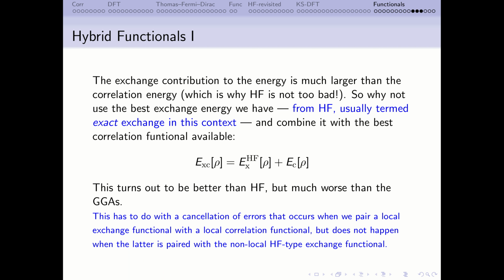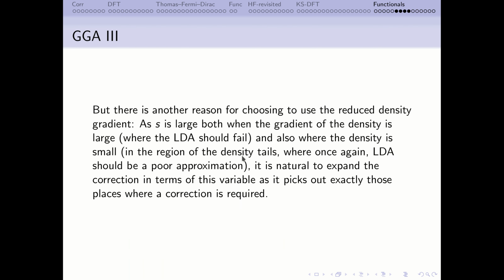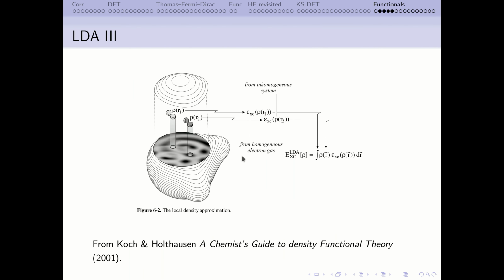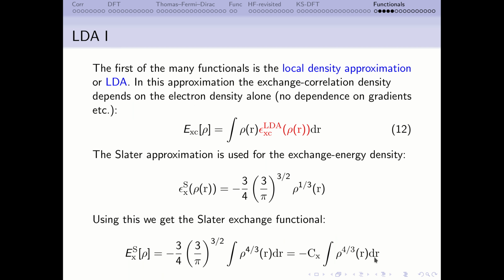And the reason was cancellation of errors. You see, the Hartree-Fock exchange functional in a way is exact. The correlation functionals from density functional theory are not. Now, when you used something like the Slater exchange functional, this one here, you made a kind of error.